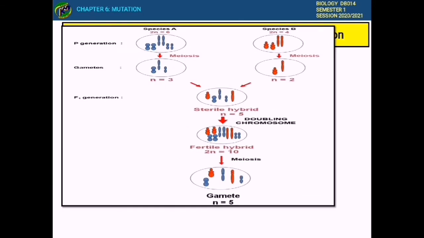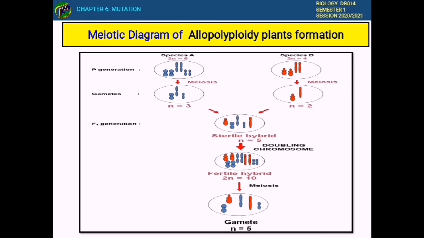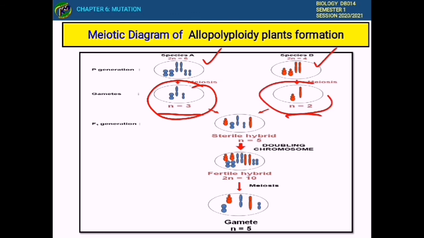Look at this picture here. We have species A with 2n equals 6, and species B with 2n equals 4. When meiosis occurs, the gametes produced are n equals 3 and n equals 2. These two chromosome sets have different size, shape and also colors.